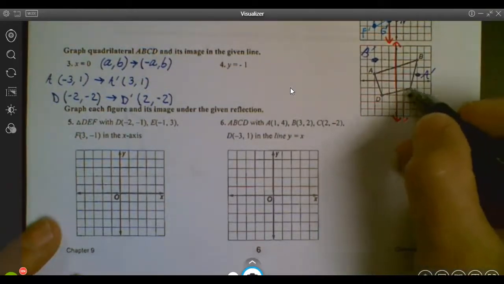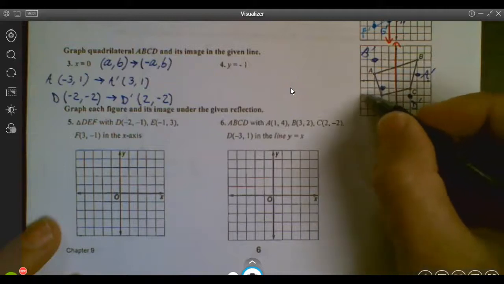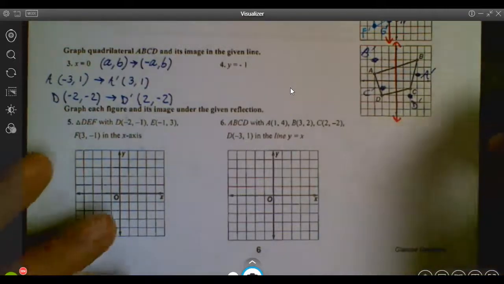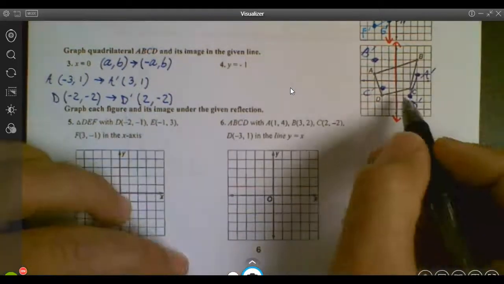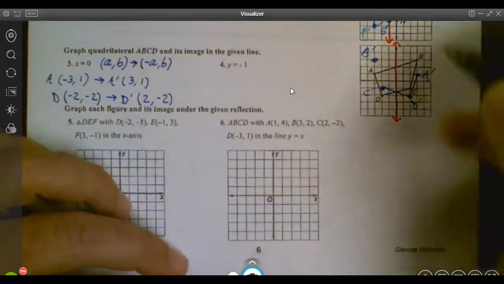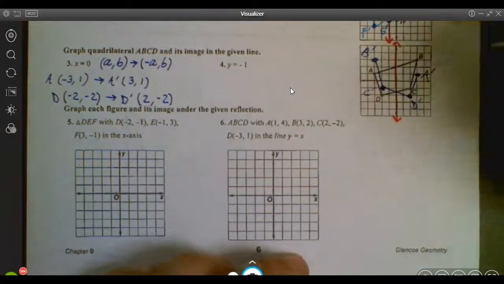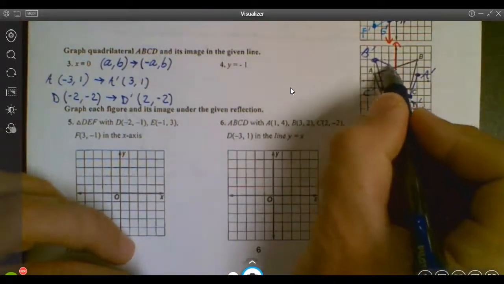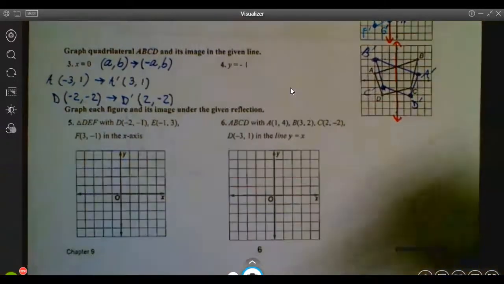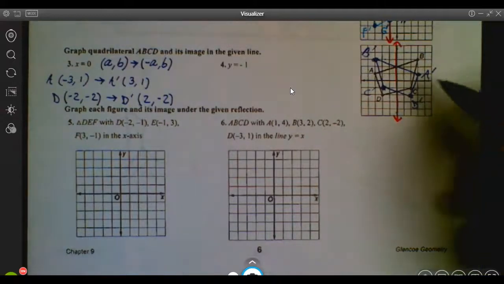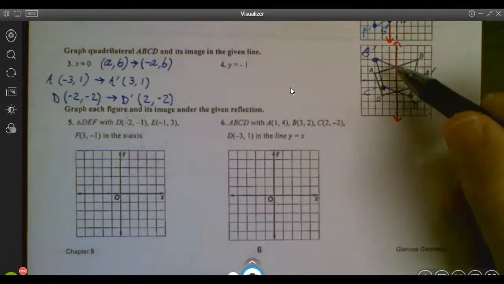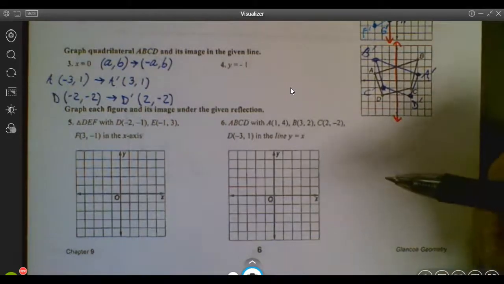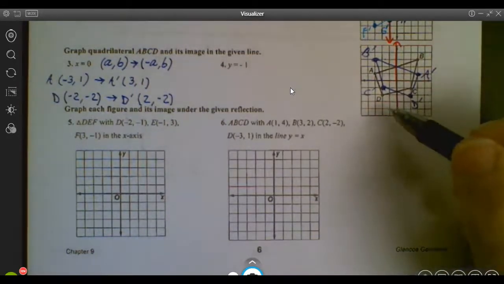Point C was 2 units to the right, and now it's 2 units to the left. If I connect the dots on my prime points, again, you can see this perfect reflection, this perfect symmetry across the line x equals 0, or you could say across the y-axis.